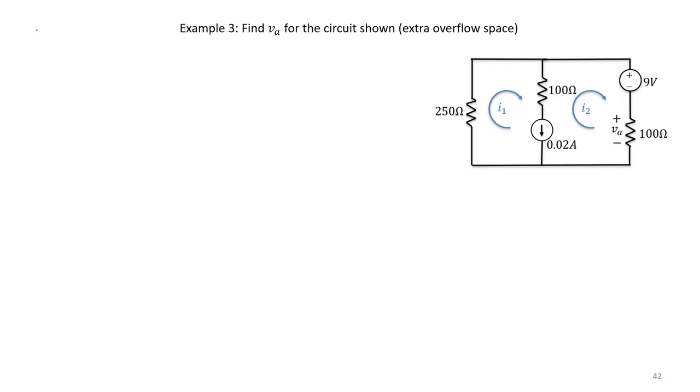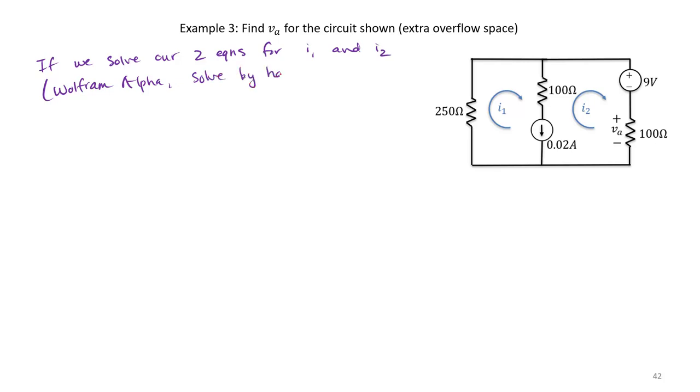So if we solve our two equations for I1 and I2, again here you could use Wolfram Alpha or solve by hand, or you could use something like MATLAB or Cramer's rule.